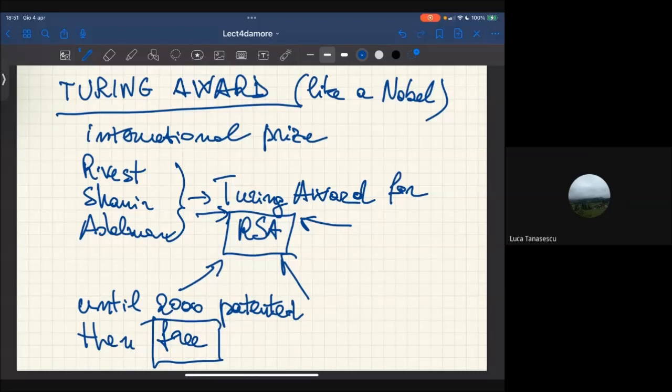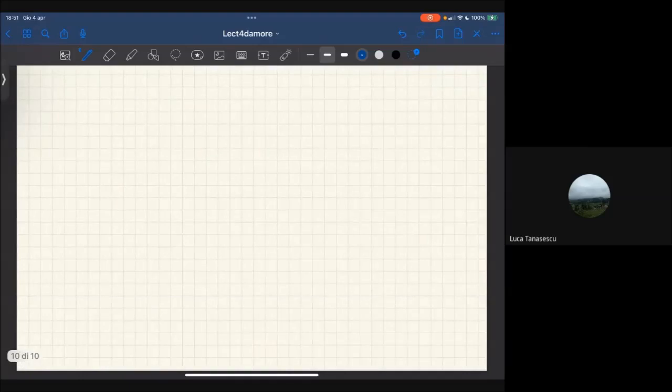While patented, people were not really using it, but later all people started to use the approach. So let me spend some words describing how the RSA approach is working. Do you have any question? Okay.